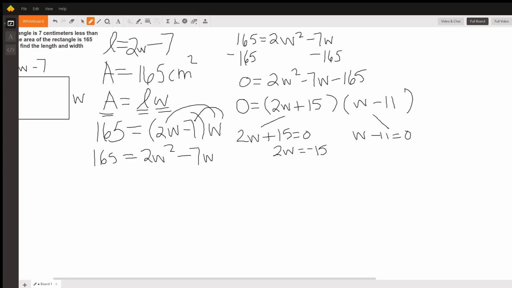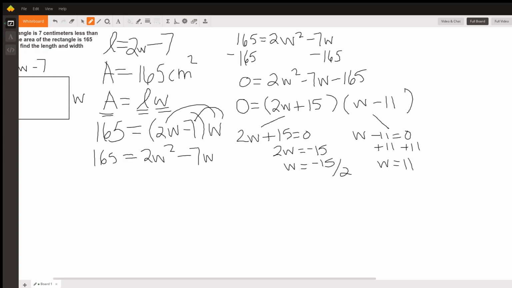I subtracted 15 from both sides. And W equals negative 15 over 2. I divided both sides by 2. Here we're adding 11 to both sides. And W equals 11.